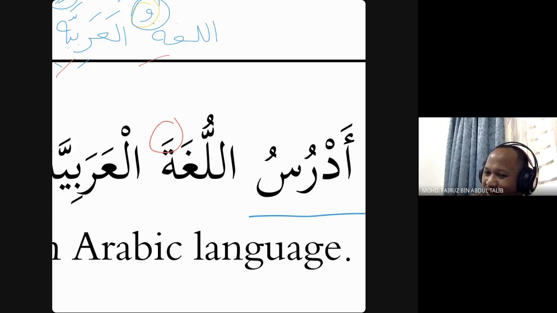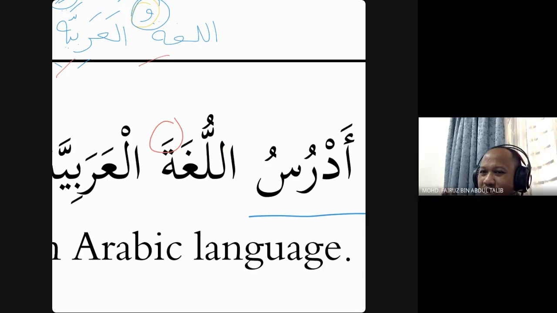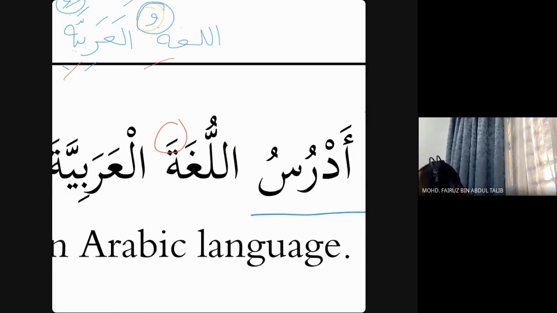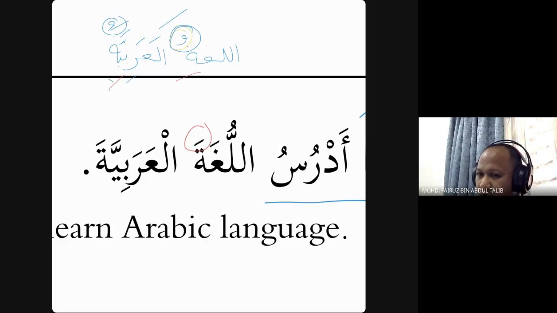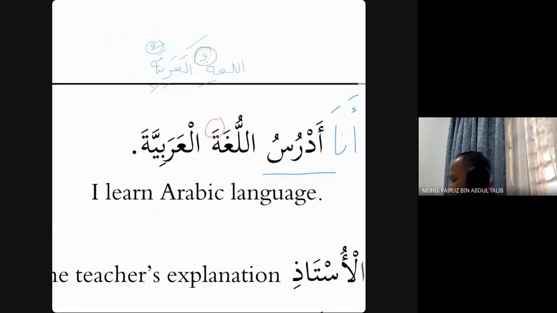So hopefully you get that, why it is al-lughata and not lughatu. If you are interested, you can look up maf'ul bih in Arabic grammar, or you can ask me personally if you want to learn more. No problem. Adrusu al-lughata al-arabiyya.